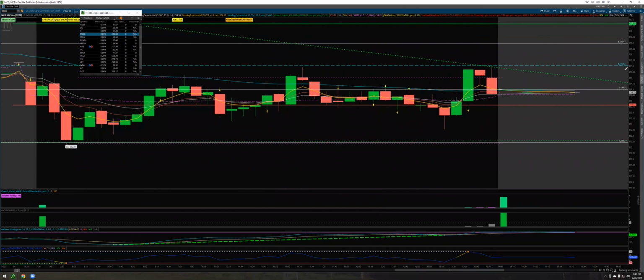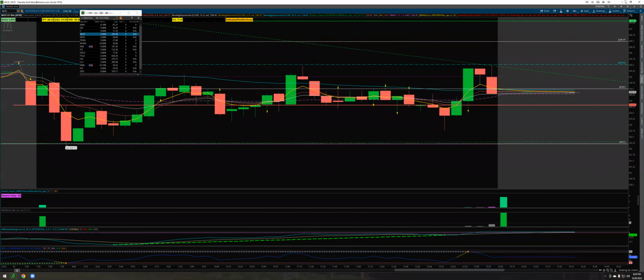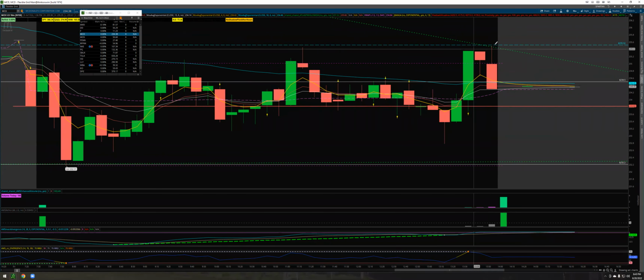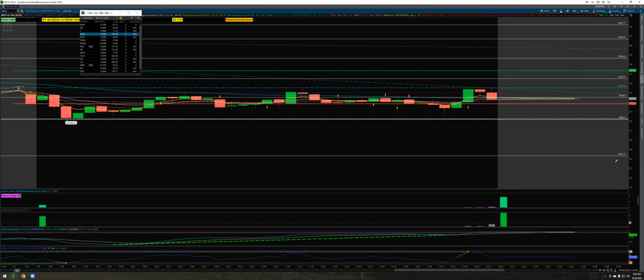So breaking 235.52, room to 236.47, 238.65 to the downside. If it continues below this level, next target 232.20 and 228.31.